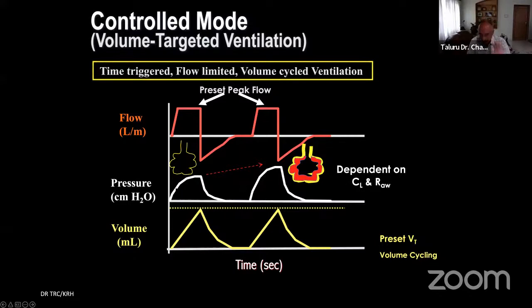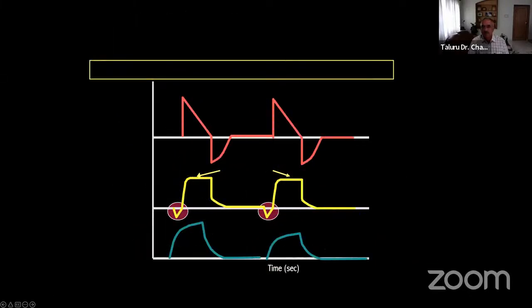See, what happens here is in volume prefixed, if the patient's alveoli or the chest wall changes or the airway changes, pressure goes up. So you have to keep a watch. Looking at the pressure, you analyze here. Whereas here, see, decelerating flow, it is touching the baseline and pressure is fixed.